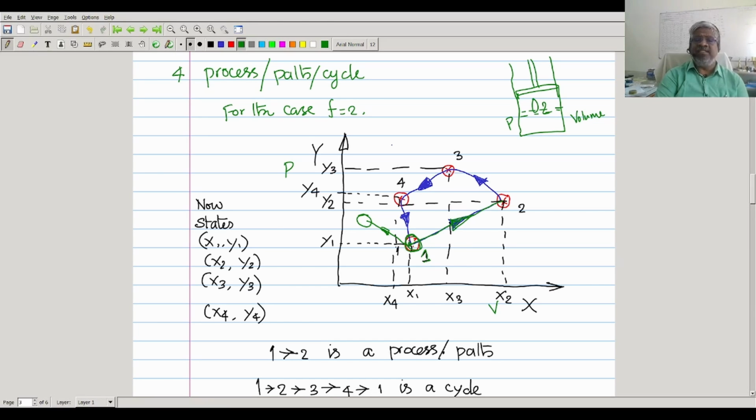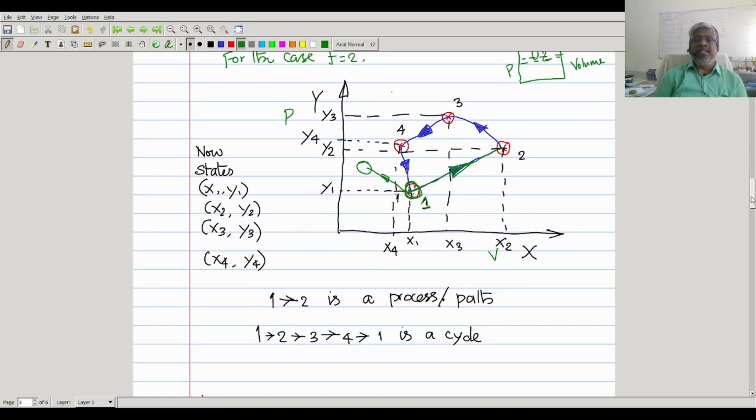Say, for example, in this case, process 1 to 2, 2 to 3, 3 to 4, 4 to 1. If all these put together make the system start from state 1 and end at state 1, in that case, we call this combination of four processes a cycle. So a cycle is nothing but the initial state and final state of the system being the same. That's what we call a cycle.